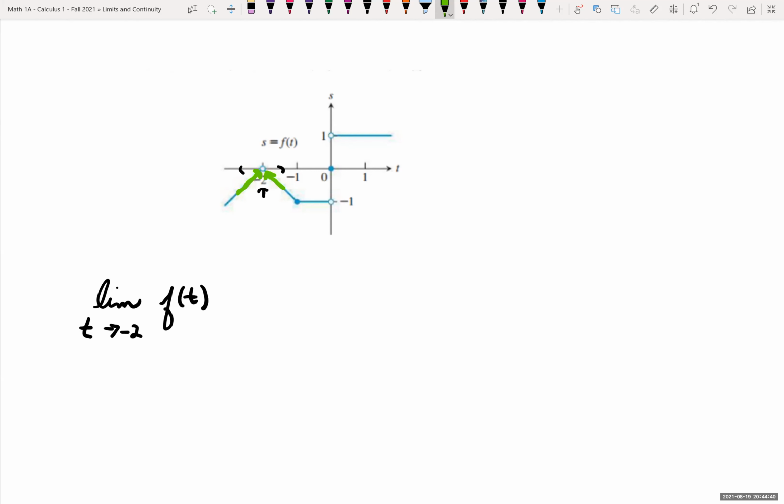Notice that even though there's an open circle here and it's undefined at t equals -2, the y value, or s value in this case, that I'm getting back looks like it's 0. So as we're coming into -2 on the left and the right, the value that we get back is 0.